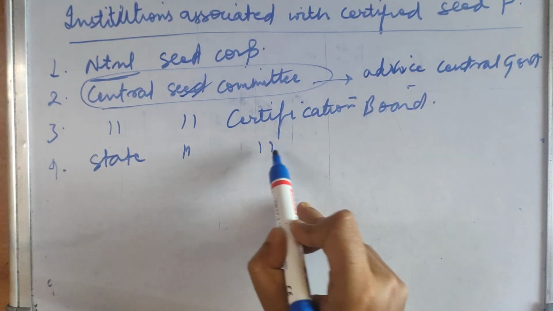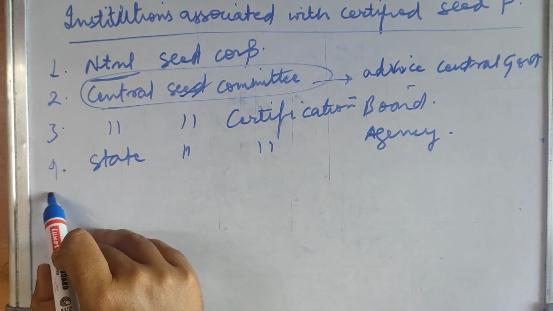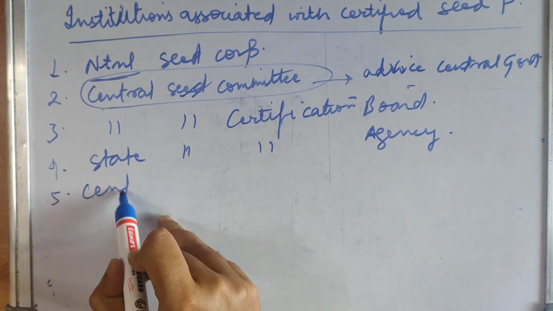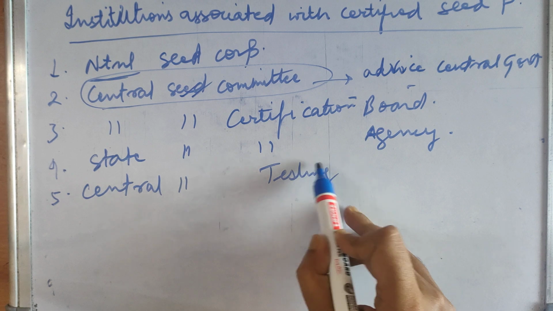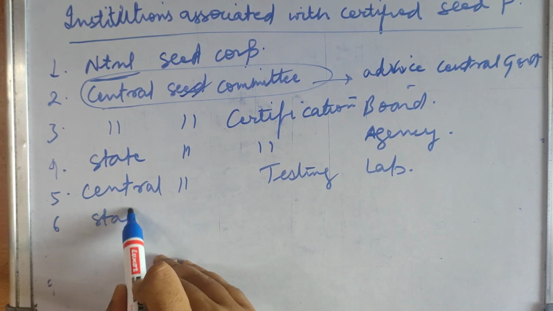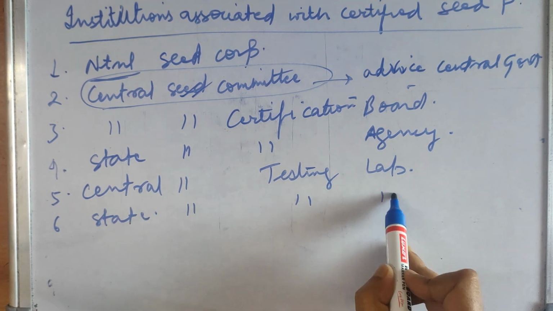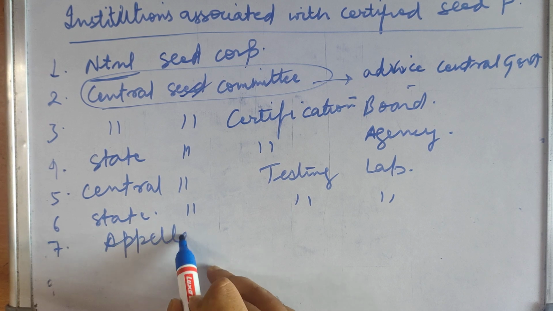Central Seed Testing Lab. We have got State Seed Testing Lab. We have got Appellate Authority to hear appeals.